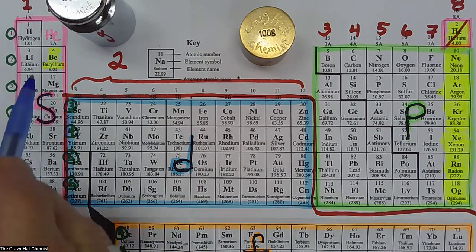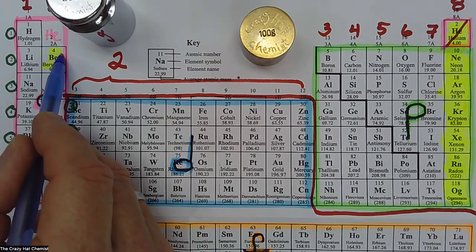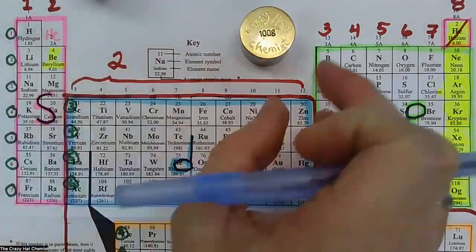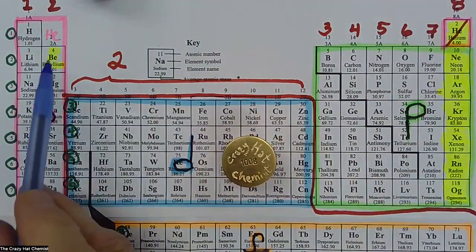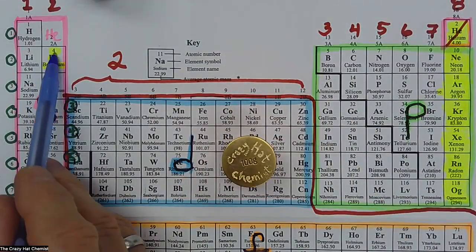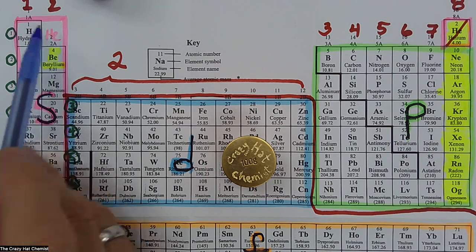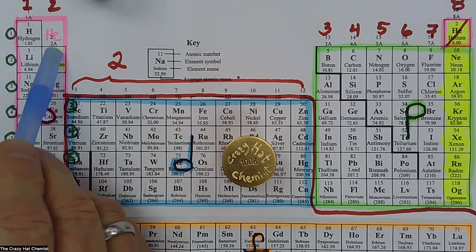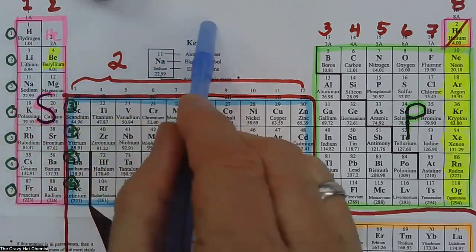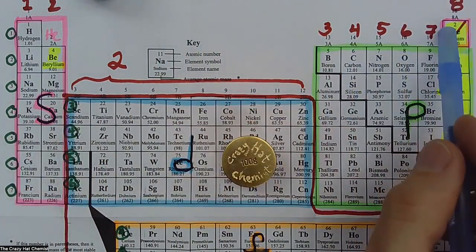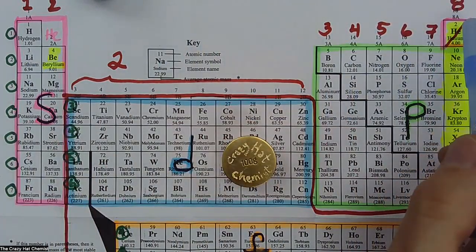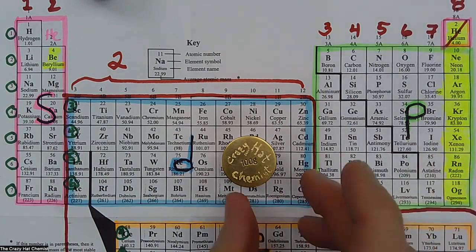So we're going to find our element of choice. That's what we want. Okay, move these up just a little bit here. We're going to find our element, and then we are going to go up one period. It's almost like you're going up one floor, and then we are going to slam this all the way to the right-hand side. We're going to find the noble gas, and in this particular case, it is going to be helium.